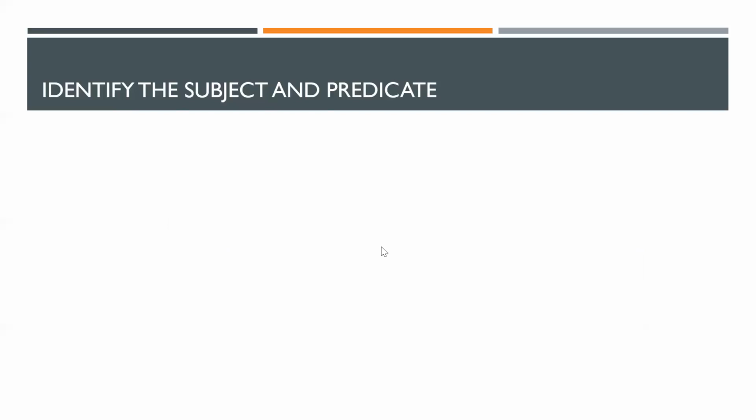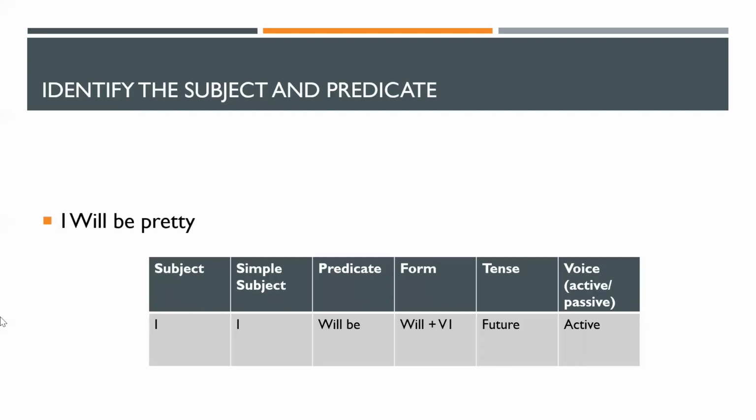Next. I will be pretty, like this. So we have subject is I. The simple subject is also I. And then you have will be. You have will plus verb one. As you remember, the will is always future, right? And then will must be followed by verb one if it is active.